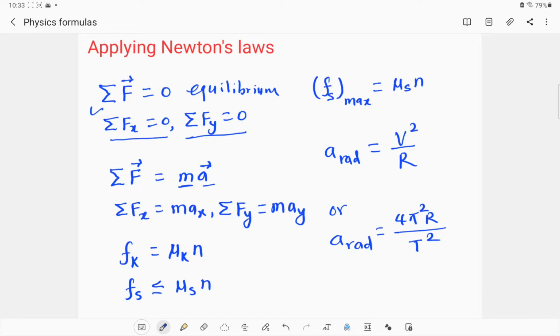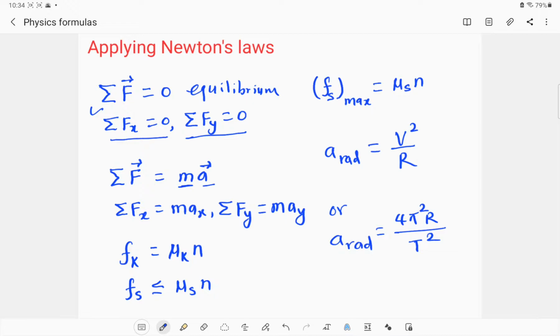We can only apply Newton's first law if a body is in equilibrium condition. Okay, if it is at rest or at constant velocity without changing direction, because if velocity is constant but direction is changing all the time, that doesn't mean the particle is in equilibrium, right?